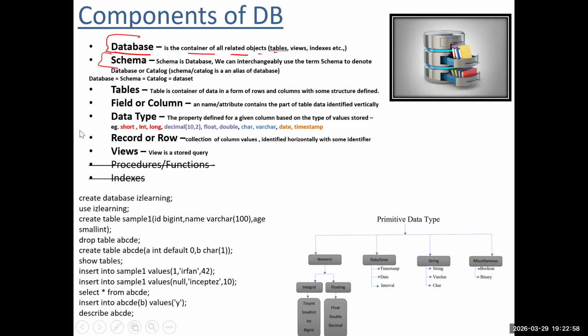First, you create your database. Then inside the database, which is a container, you create a table. A table is a container for your related data. Let's say you create a school database. Inside the school, you create a table called student, which holds all student information.